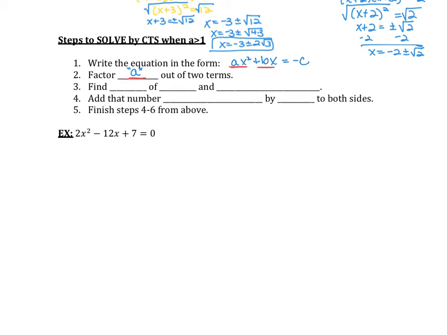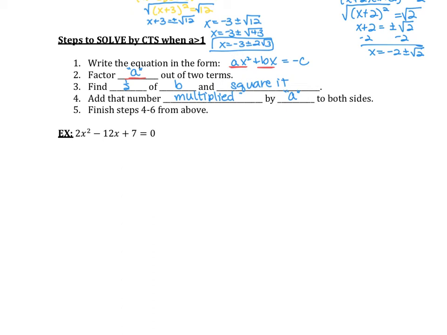Then we find half of the new b value and square it. Add that number multiplied by, this is the important part, multiplied by the a we factored out, to both sides, and then finish the problem like we did before.